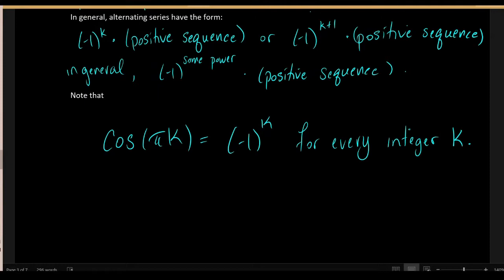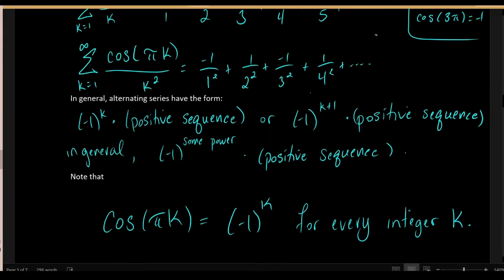For example, when k is 1, both of these quantities produce minus 1. When k is 2, both quantities produce positive 1, and so on and so forth. So that's why we have this second expression here. It doesn't contain negative 1 to some power, but it contains that in disguise, in the form of cosine.